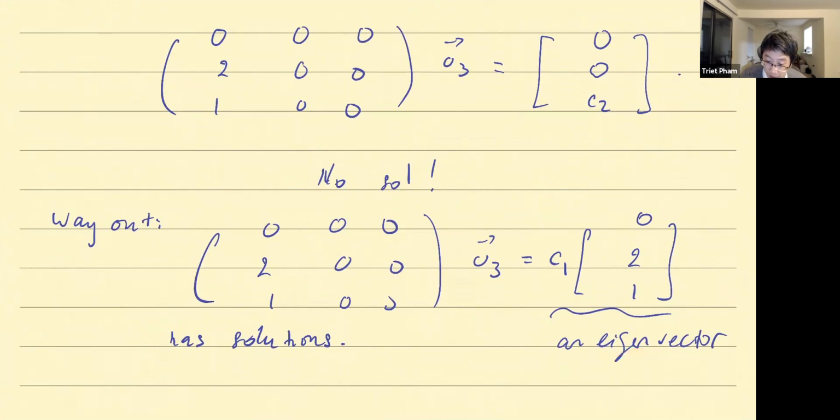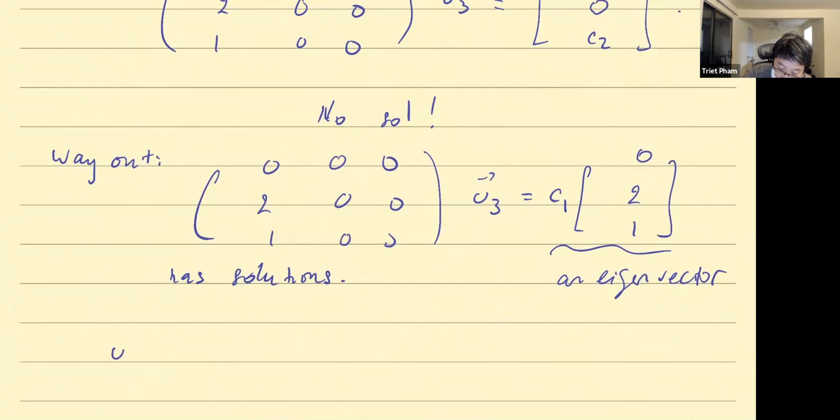So what does that mean then? What that means is my V3 will be, because of the proportion 2 and 1 here, these 2 and 1, they're not arbitrary. They're chosen so that this system has a solution, so a solution exists.